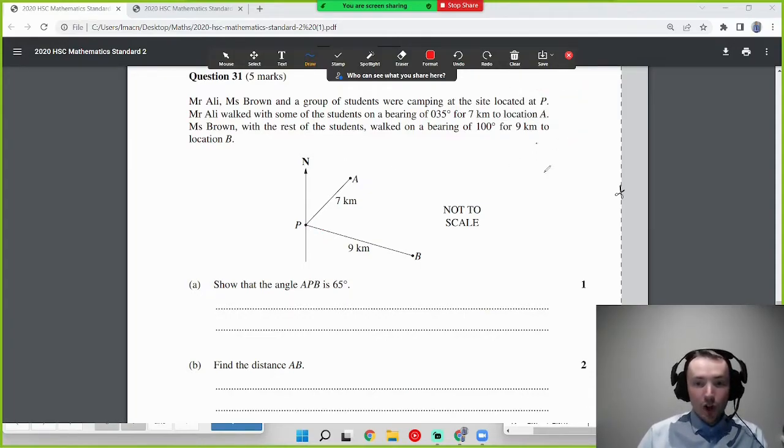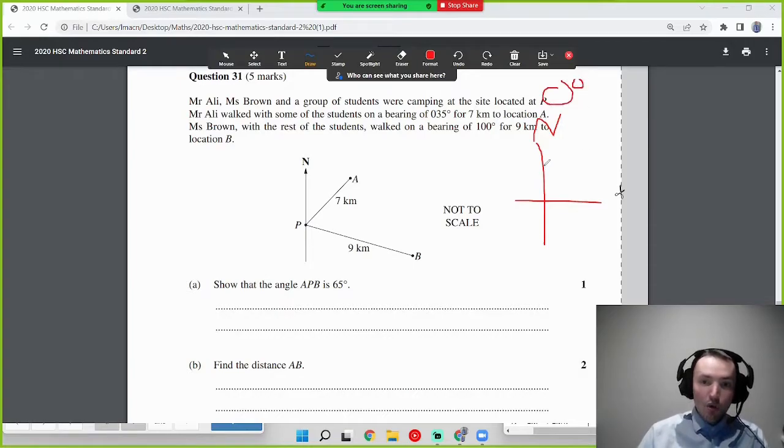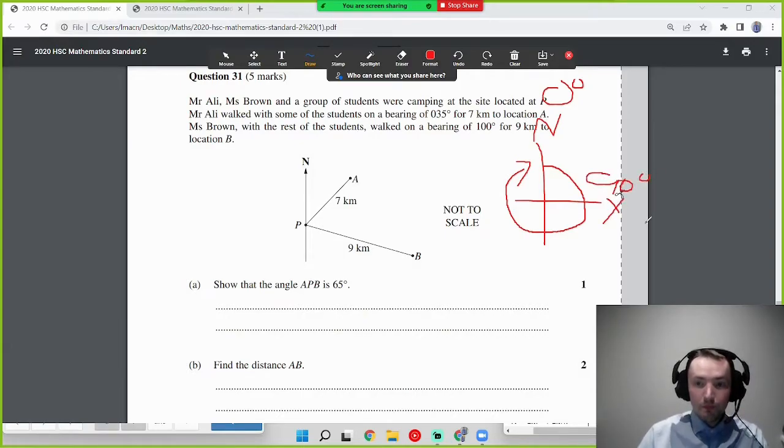The first thing you need to know is that when you see the word bearing, north is 0 degrees, and you rotate like a clock, from right to left, and that's the bearing.